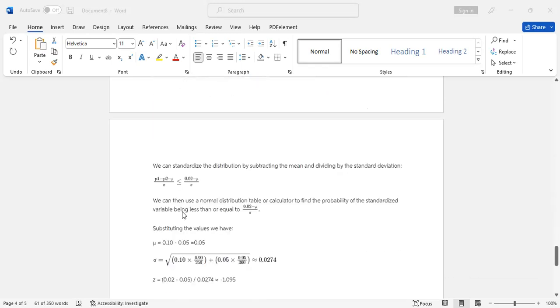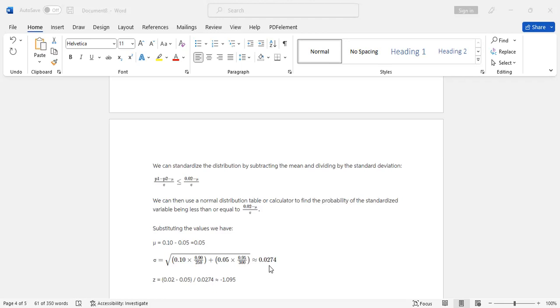So here what we do, we subtract the differences, P1 minus P2. So 10% minus 5% is 0.05. I'm using the formula that I gave you there: 0.10 times 0.90 over the sample size, which is 250, plus 0.05 times 0.95 over 300.